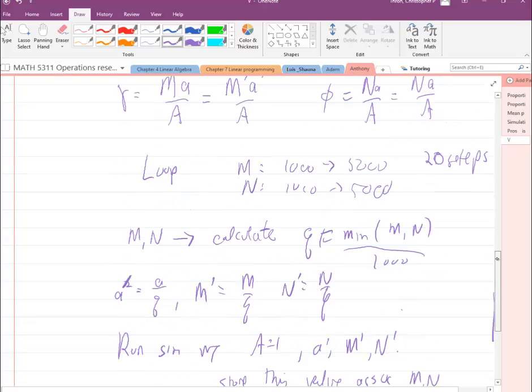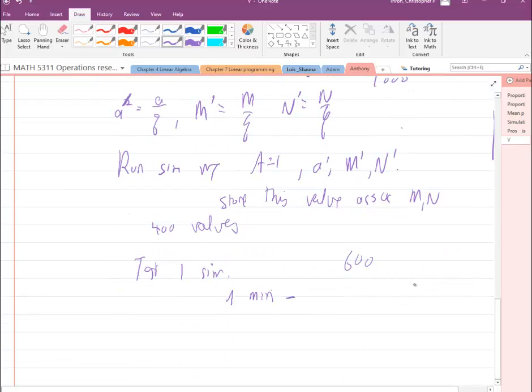Up here, I'm suggesting 400 simulations. But I'm thinking that once we get this straight, we should run it overnight. So maybe 600 is a good number. So maybe 25 by 25 will be okay. It depends on how long the simulations take. I would choose a simulation so that it takes less than, say, 12 hours. So that's kind of my discussion there. We can talk about this further next time we meet.